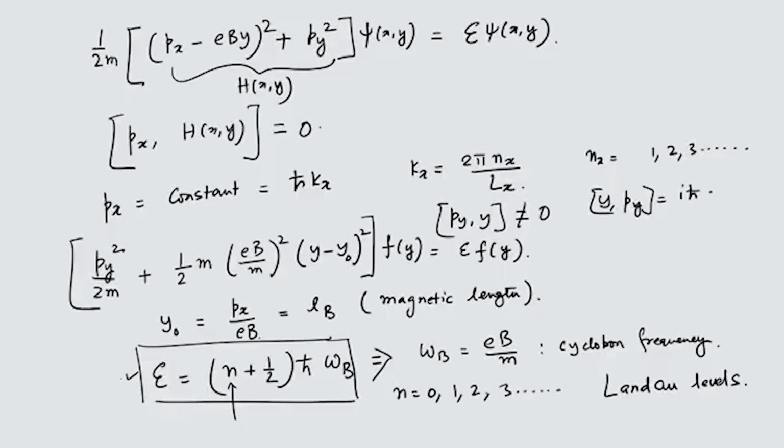But I hope that it is clear that these levels are heavily degenerate, and the degeneracy is coming from the fact that any value of kx would satisfy this equation, or any value of nx would satisfy these energy levels. So, each of the energy levels does not depend upon nx, and any value would be an acceptable solution. Okay. So, if we want to know the degeneracy, let us look at this.